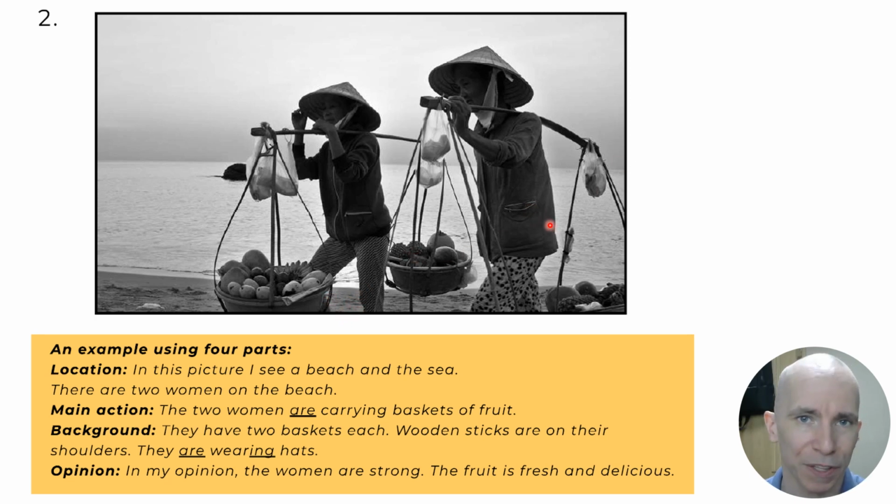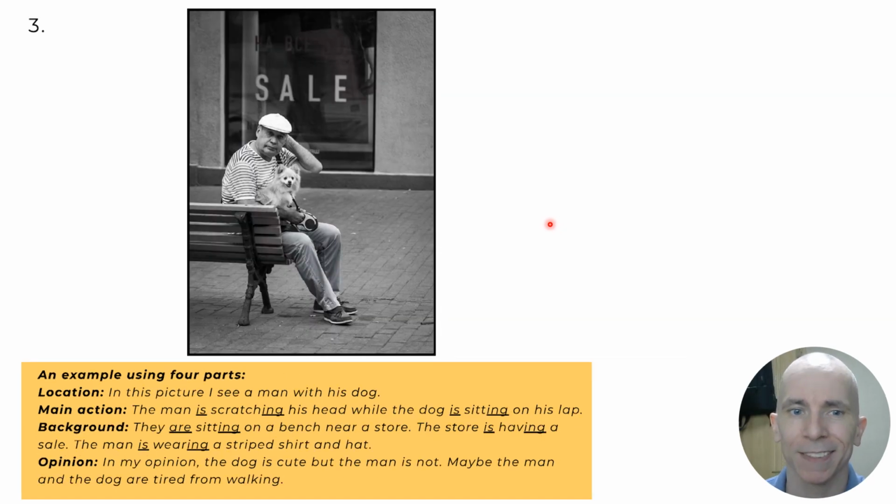Okay, let's look at the example sentences for picture 3. In this picture, I see an old man with his dog. The man is scratching his head while the dog is sitting on his lap. They are sitting on a bench near a store.